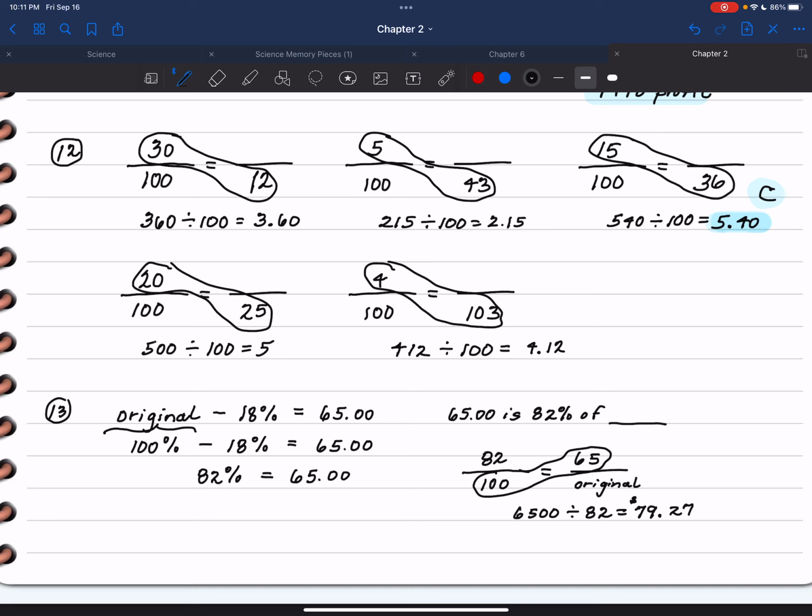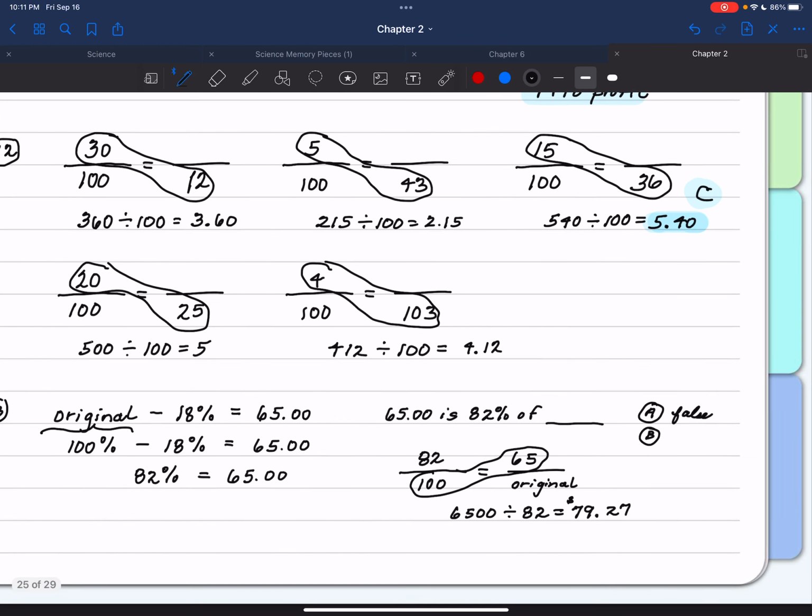So A says that Ted was correct. That is a false statement. B says Ted's answer is incorrect. That could be. C, incorrect. D says that he's correct. I don't believe he is. So it's not A and it's not D. But it could be any of these.